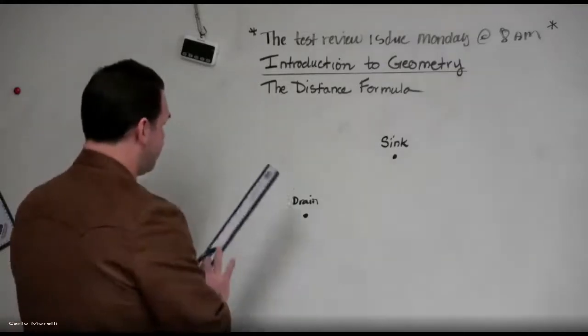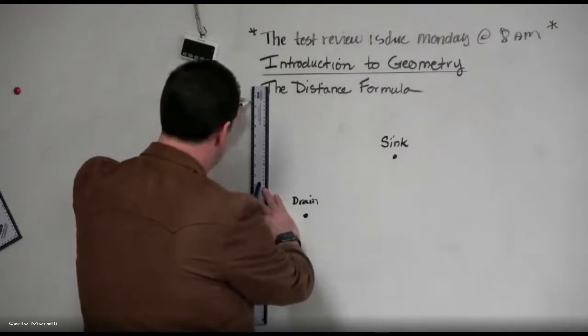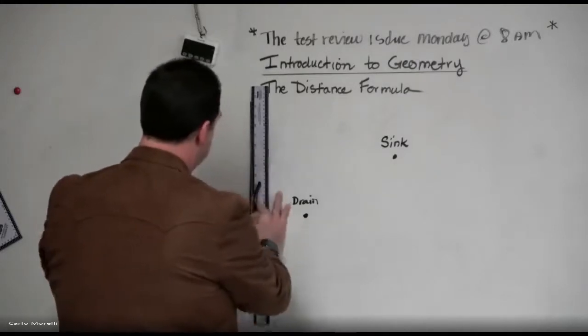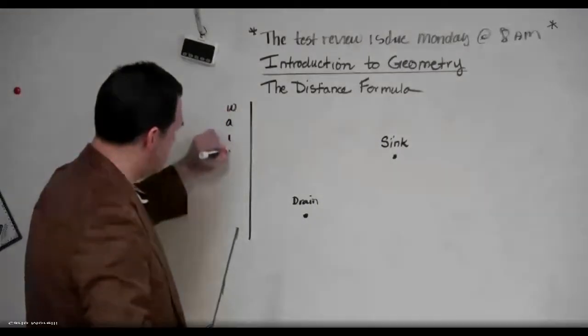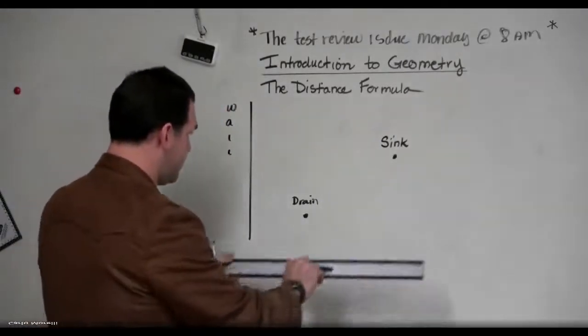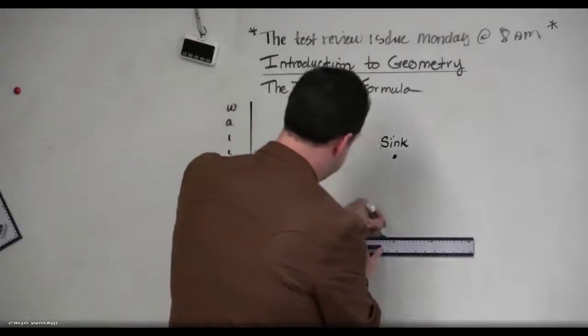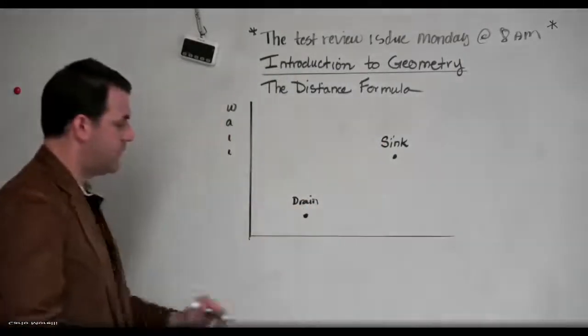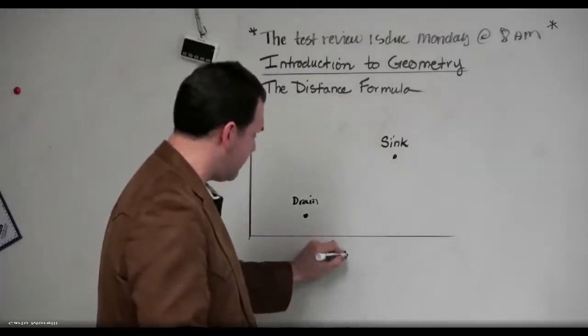Now, let's give some context to this picture here. Let's say that this is the wall, and this is the floor. So we're thinking about like a house, okay?